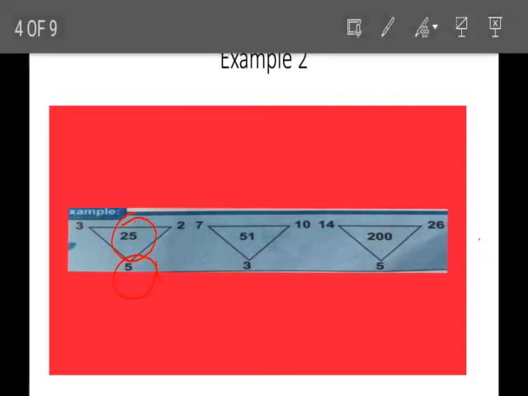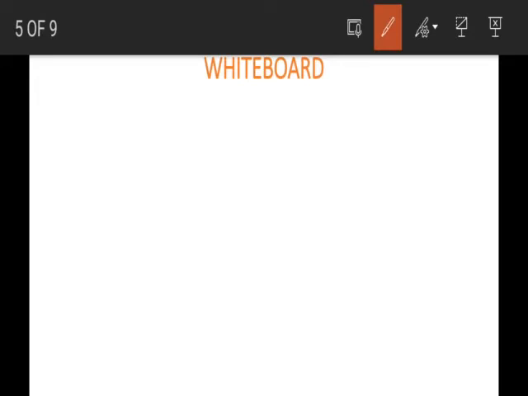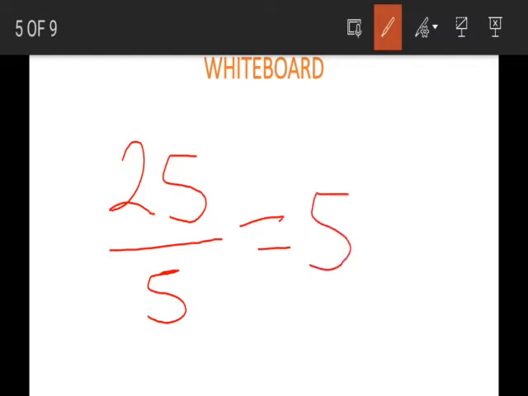Assuming these 2 on the right hand side was not given, how do we get our 2? There's a simple method of getting our 2. We have it as 25, which is the number at the middle of the triangle. 25 divided by the base number, which is 5, is equal to 5.